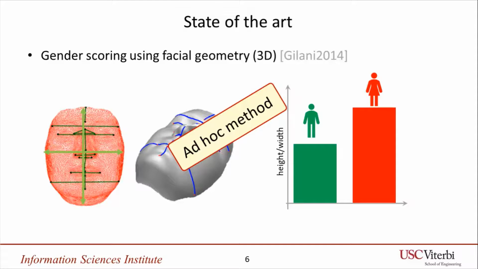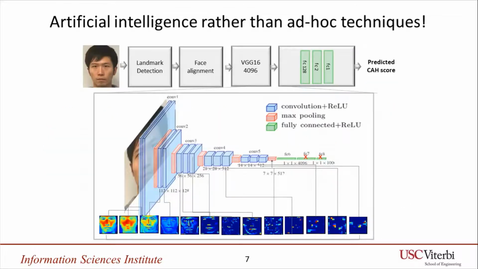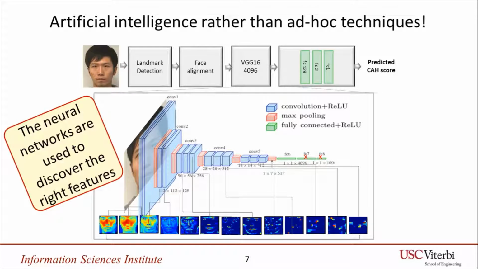But why not apply more sophisticated artificial intelligence-based techniques like deep neural networks? Deep neural networks are designed to discover those optimal features for us. They train themselves to capture the best information.